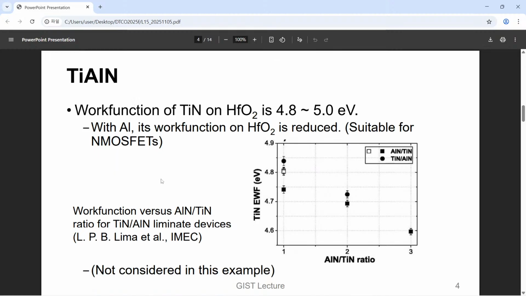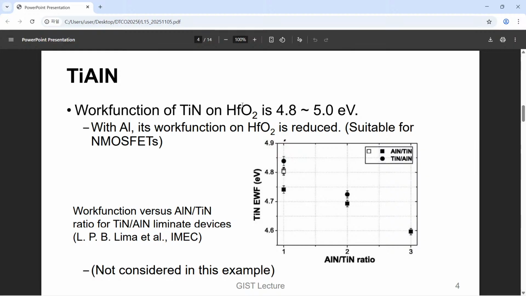Here, maybe you remember we have thought about titanium aluminum nitride. So by controlling the aluminum portion, we can control the work function. That was the lesson we studied in the second previous lecture. However, you can see a certain specification here on hafnium oxide.